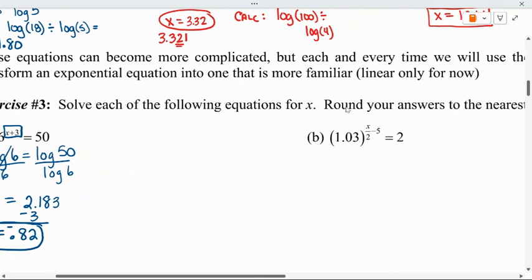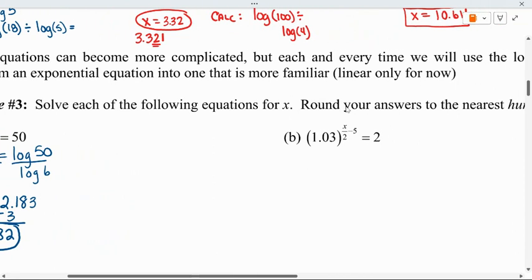Okay, what's the exponent? Say it. So x divided by 2 minus 5 comes out front. And that's the same thing as saying half of x, right? You guys see that? So I have to write the log of 1.03 equals log of 2.